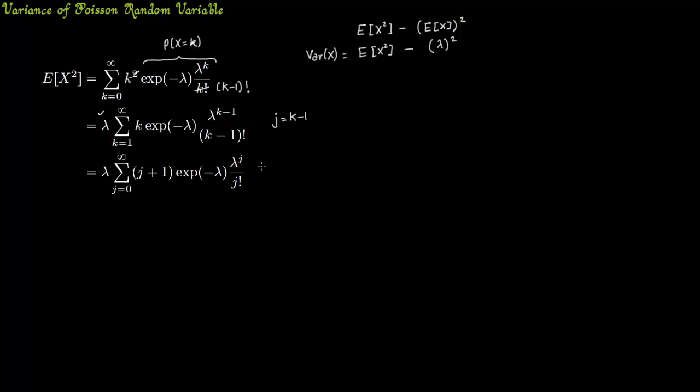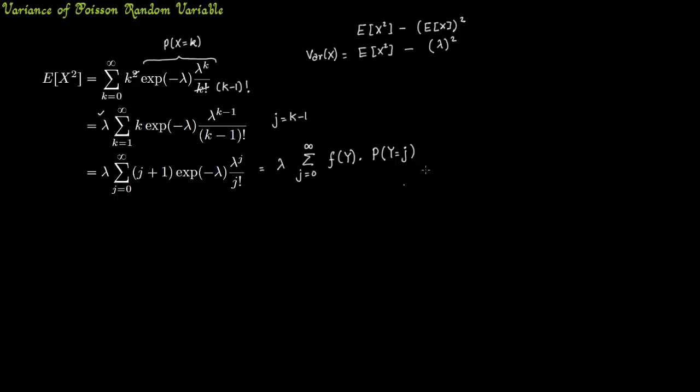Now you can rewrite this expression as lambda times summation j equals 0 to infinity, and then you can write down some function of a random variable Y times the probability that Y is equal to j.